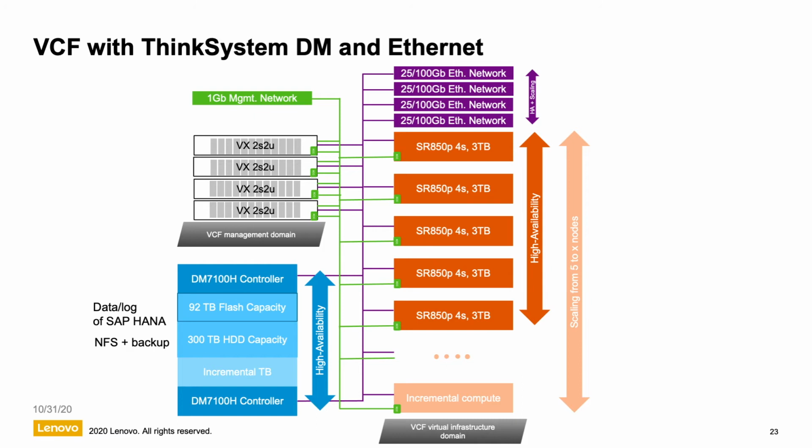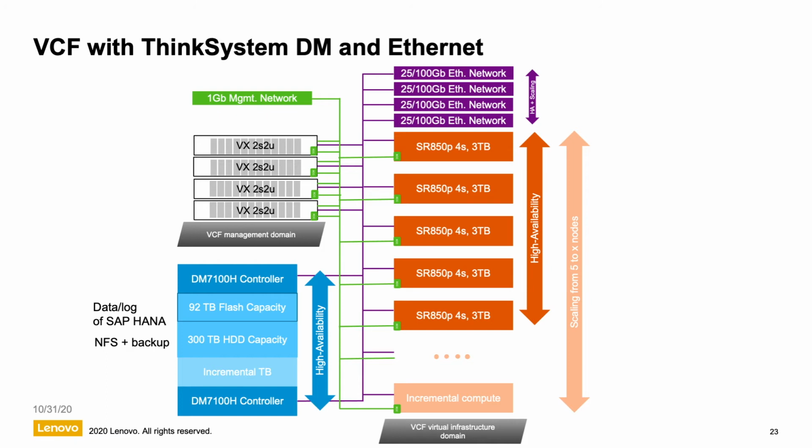There is the option to do storage with Lenovo ThinkSystem DM7100 series. It can be configured with both flash-based and hard disk drive magnetic storage to meet the specific needs of the HANA operational capabilities. Also shown on this is the 1 gig management network, as well as the 25 to 100 gig data network.